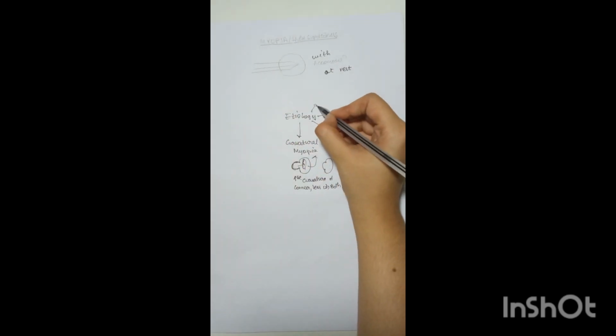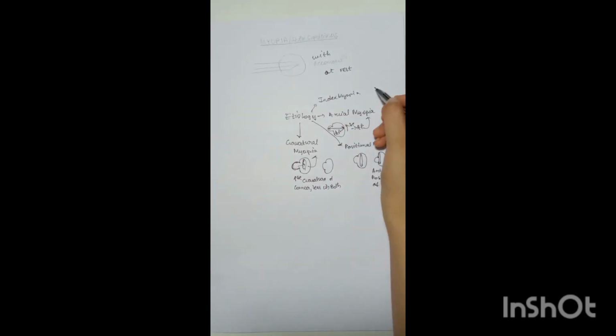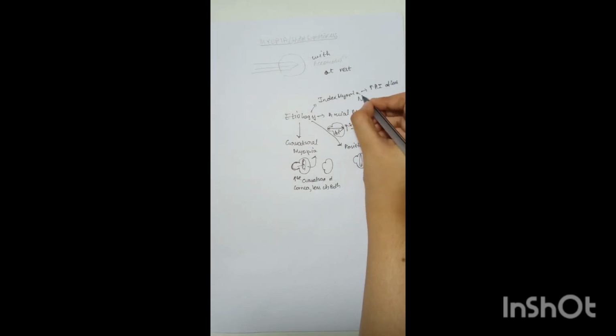And the fourth one is index myopia. Index myopia is due to an increase in refractive index of the lens, which is due to nuclear sclerosis, an age-related change seen in the lens.